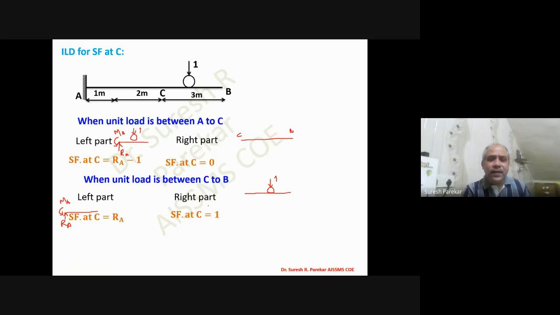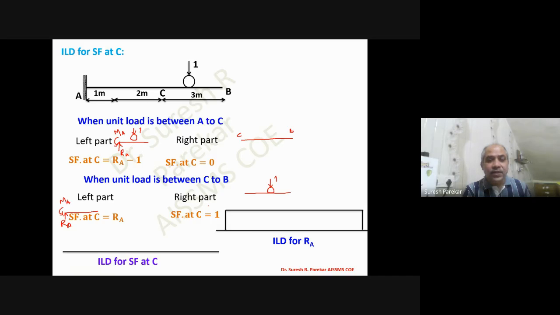Now whichever we consider is our choice. From A to C, we consider 1. From C to B, we consider 1. So we know ILD for RA, and by using this you can plot ILD for shear force at C. Now if I consider between A to C, this portion, my value is 0. So from A to C my value is 0.